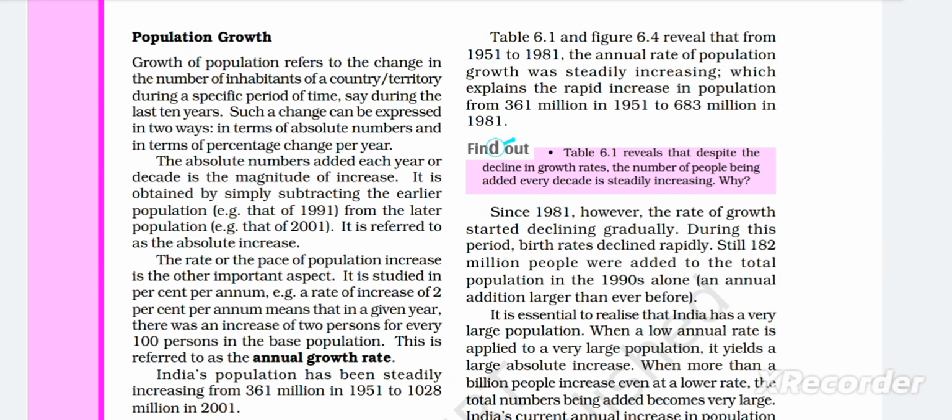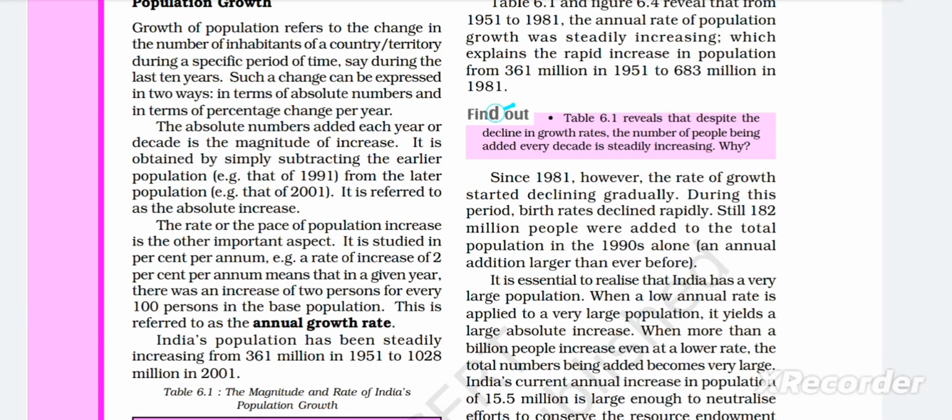Now I hope you are able to understand the difference between absolute increase and annual growth rate. Absolute increase is calculated in numbers, and annual growth rate is calculated in percentage.